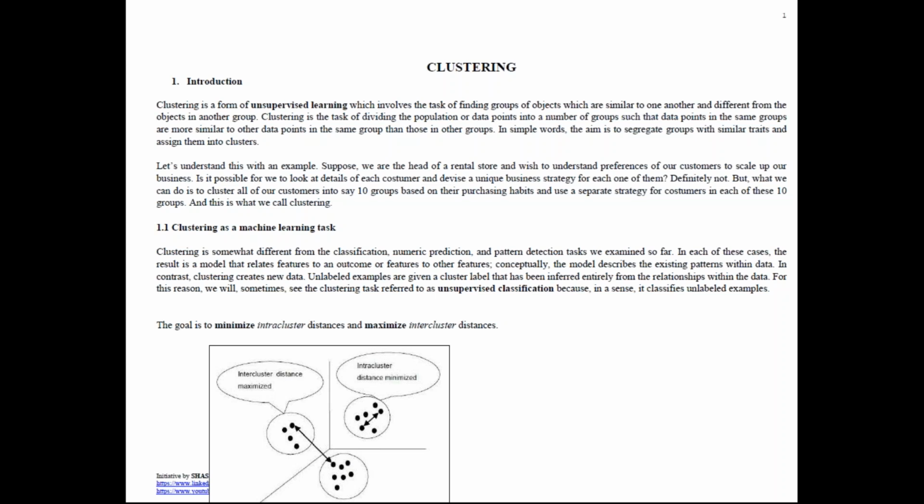In clustering also we have a similar concept, where the similar or nearest group of data goes into a single group, and the one which is farther away goes into a separate group. This is the main concept of clustering.